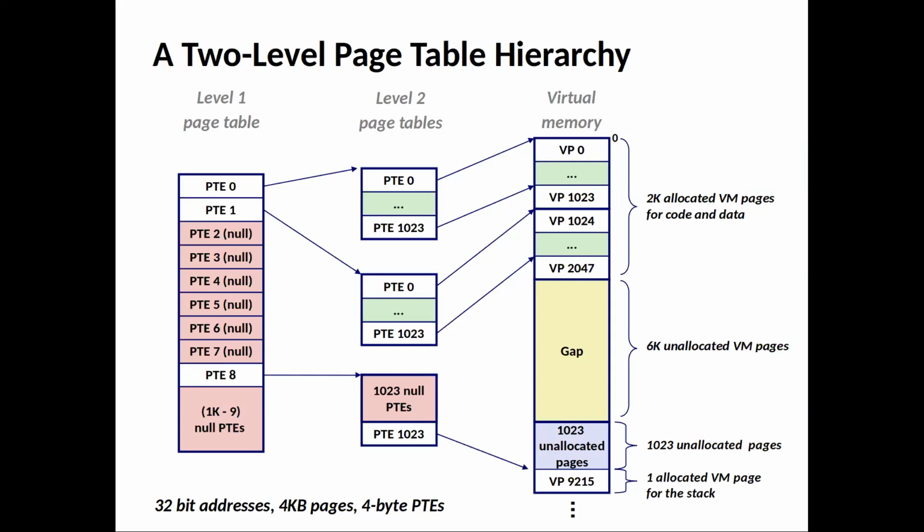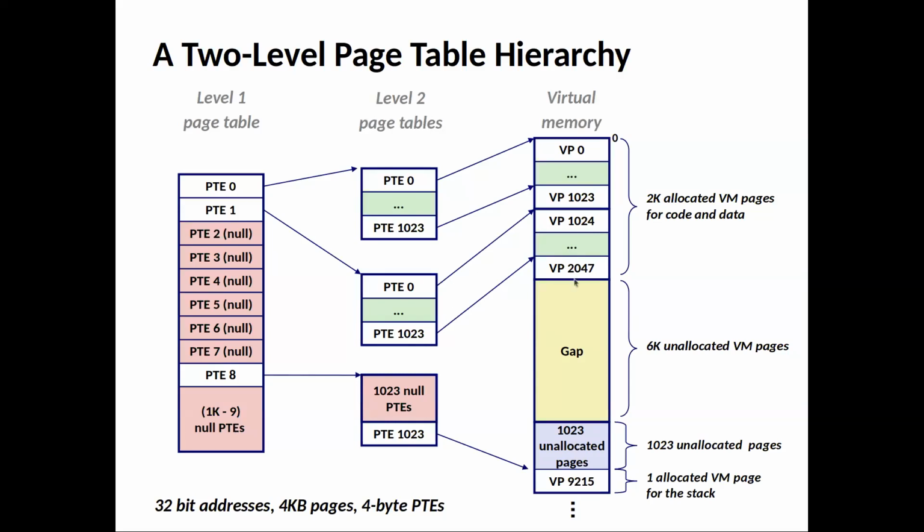So how are we going to deal with this? Well, for virtual pages 0 to 1023, we have to have page table entries in level 2. So we're going to have these corresponding entries. For the second range of addresses, we have the second page in level 2.